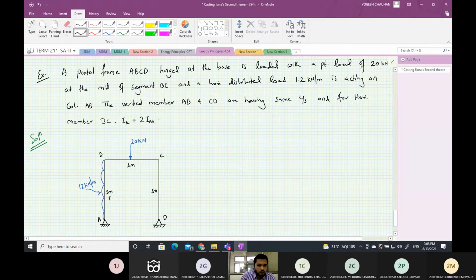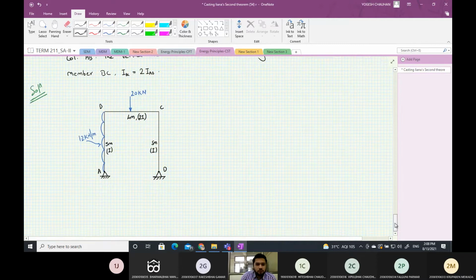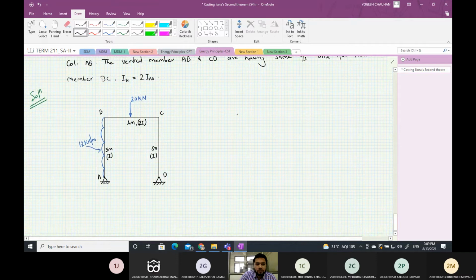Let the inertia of this member be I. This will be 2I. Okay. So this is given to us. Now let us first find the SI of this frame.